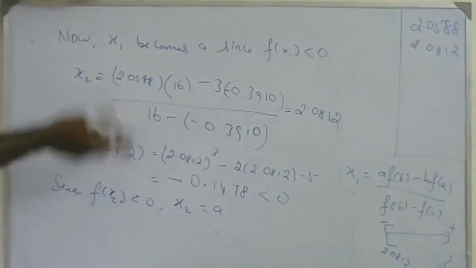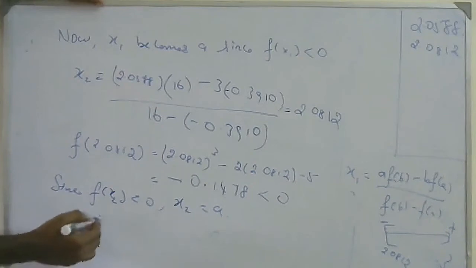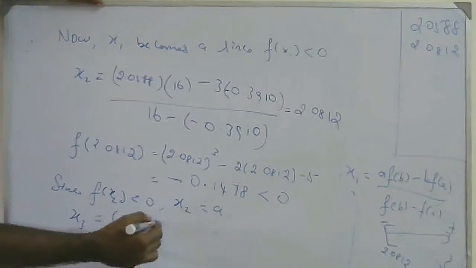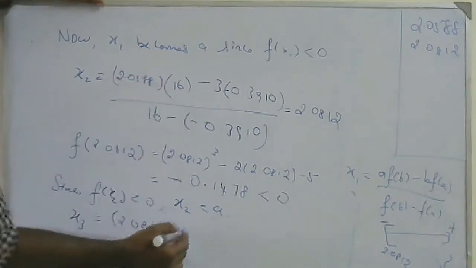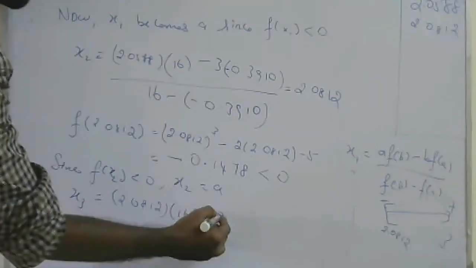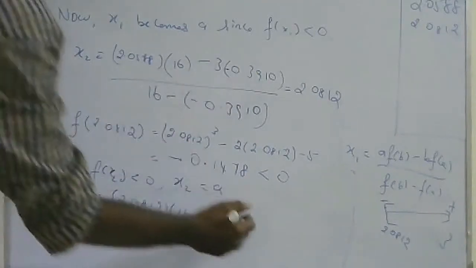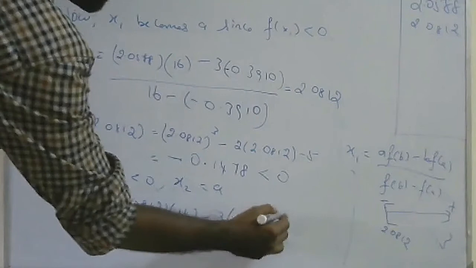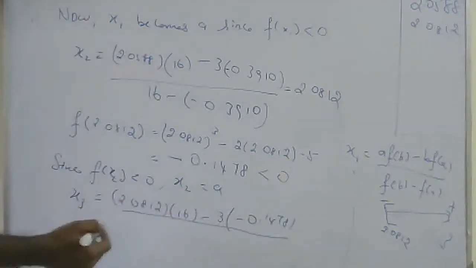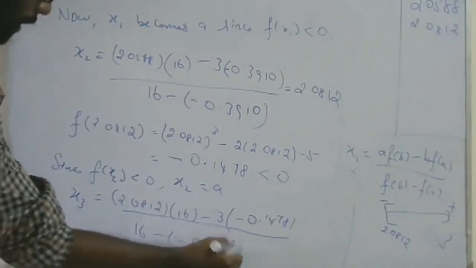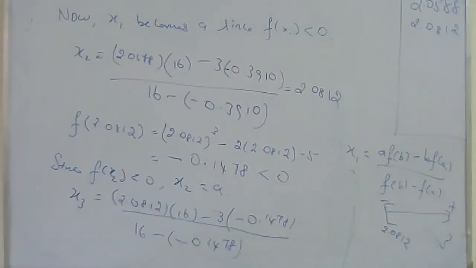So now apply the formula. x3 is equal to 2.0812, wherever a is, you have to substitute the value. 16 minus 3 into minus 0.1478 divided by 16 minus of minus 0.1478. What's the value of this?